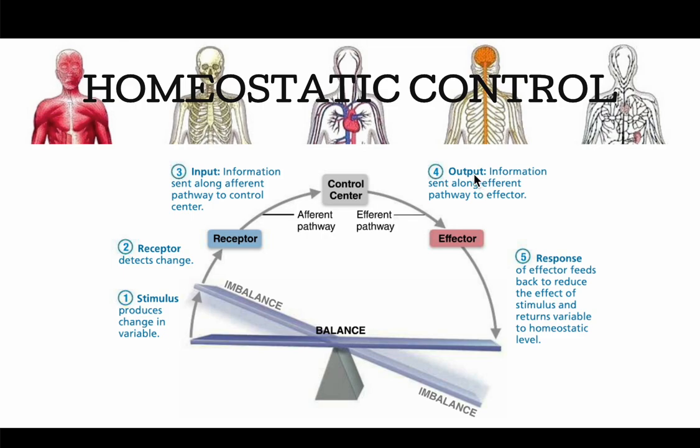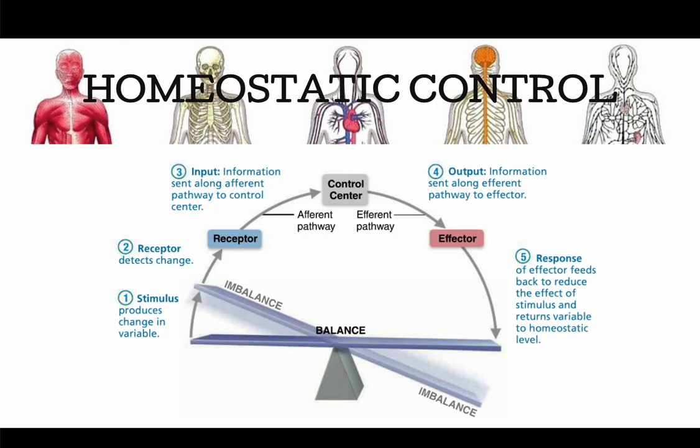Your efferent pathway is output, don't confuse this. Your afferent is input, your efferent is output. Information is sent along the efferent pathway to the effector, so there's a response. The response of the effector feeds back to reduce the effect of the stimulus and returns the variable to homeostatic level.